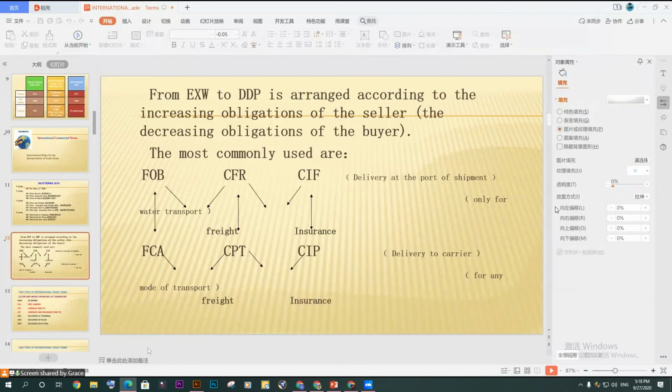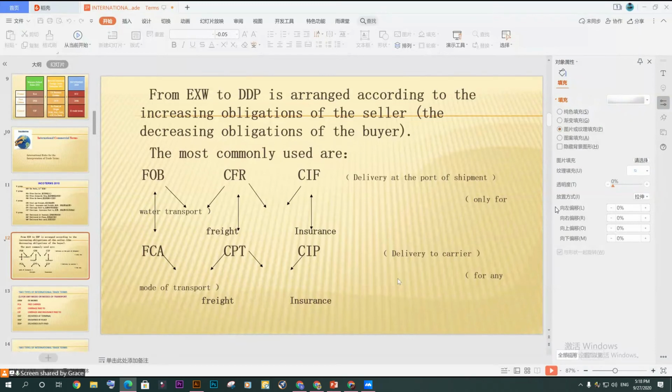So if we use these 4 trade terms, it means they can only be used in sea and inland waterway transport. But the other 7 can be used in any mode or modes of transport.